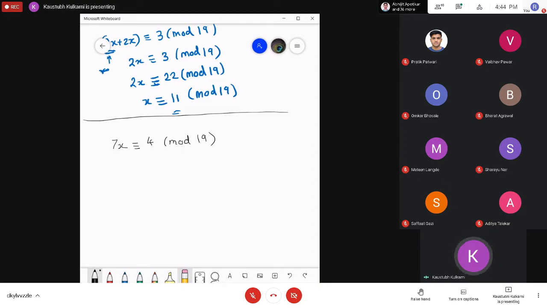Now I already know the multiplicative inverse of 7 mod 19. So multiplying on both sides by 11, it will be 77x is congruent to 44 mod 19.